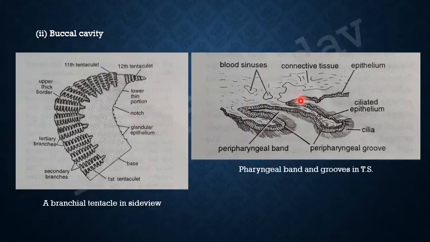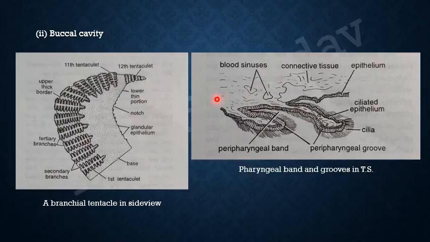And the peripharyngeal bands, which I had shown you in the previous slide, if you look at the detailed structure, have the peripharyngeal grooves. This is the peripharyngeal band, and these are the peripharyngeal grooves, and they are inside.